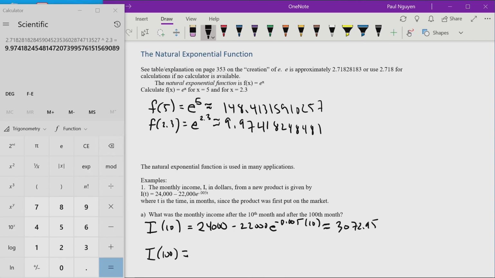For I of 100, you do the same thing, except you plug in 100. 24,000 minus 22,000 times e to the negative 0.005 times 100. If you plug that into your calculator, you should get 10,656.33 about.